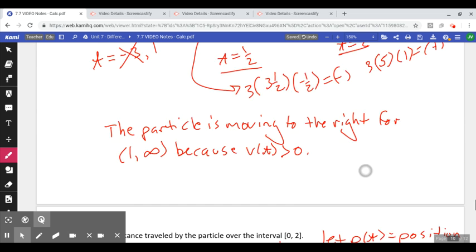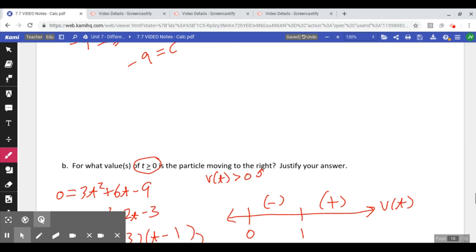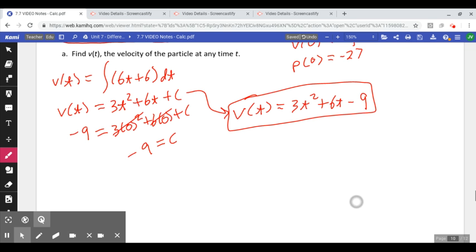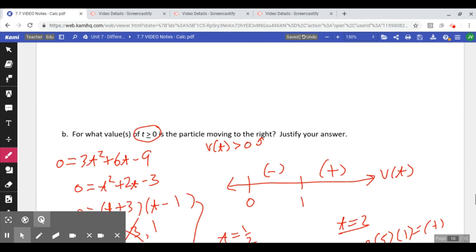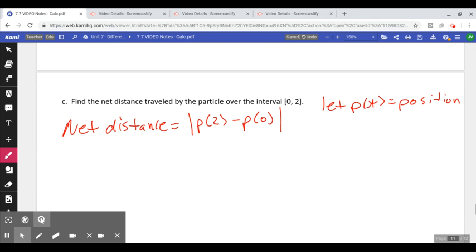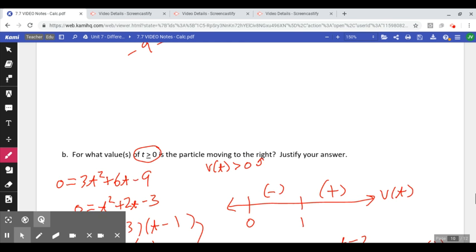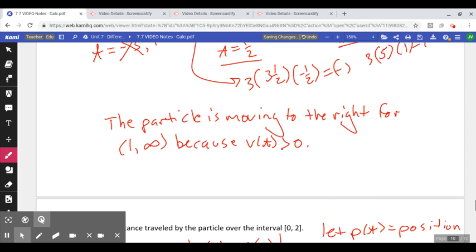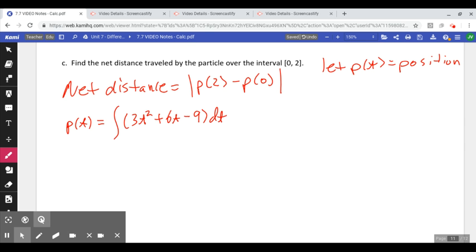So we're going to go back up to where we found that velocity function, which was this one right here, 3t squared plus 6t minus 9. And we're going to have to take the antiderivative of that one. So we'll take the antiderivative of 3t squared plus 6t minus 9 dt. Let me just verify that I haven't made a mistake on this one. And we look to be good to go.